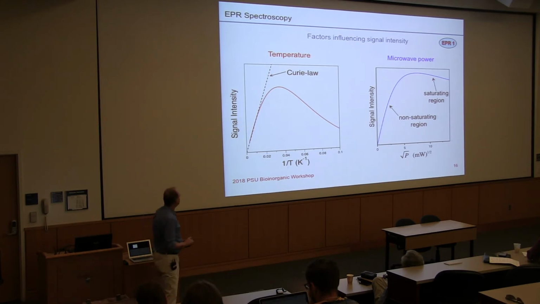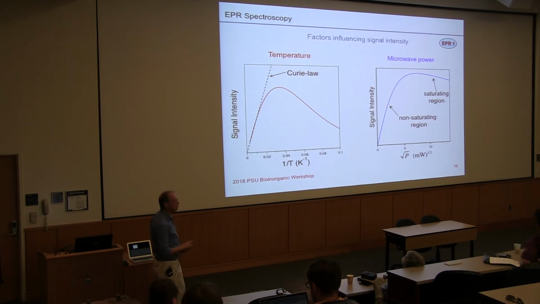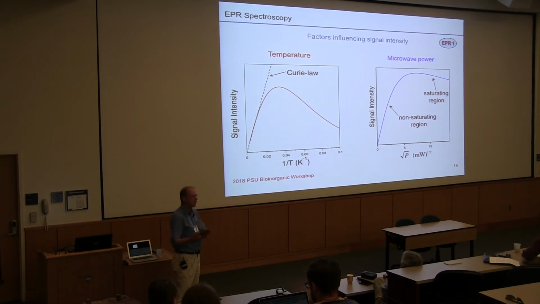And so both of these effects are very important. The temperature that we do experiments at can be really critical. And it's important to be aware that if you have the wrong microwave power, you can also not be able to see the signal, right? And again, in EPR1, there will be a demonstration of both of these effects.